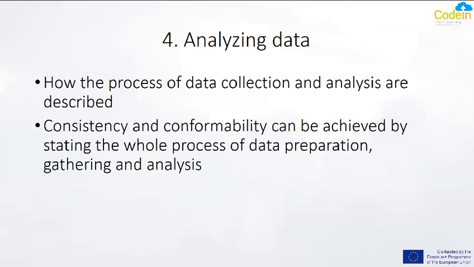The specification of these indicators can make it easier to replicate the study using the same procedures. In secondary research, consistency and conformability can be achieved by stating the whole data preparation, gathering, and analysis process. If a researcher presents the whole research process, reliability is considered high.